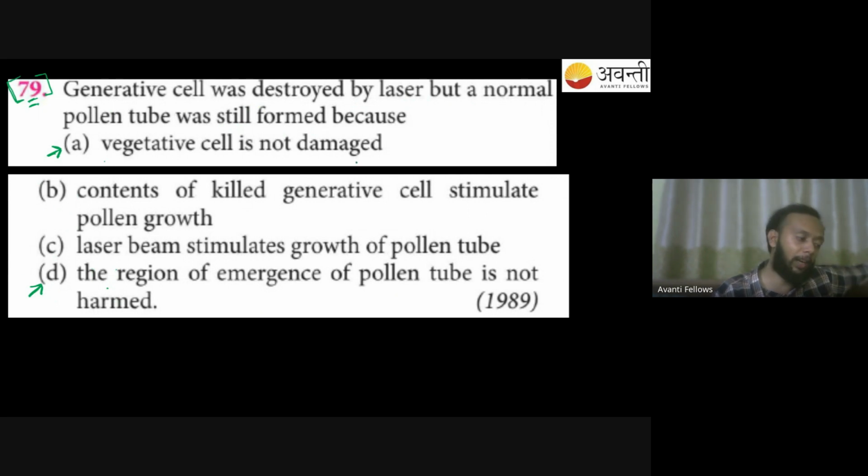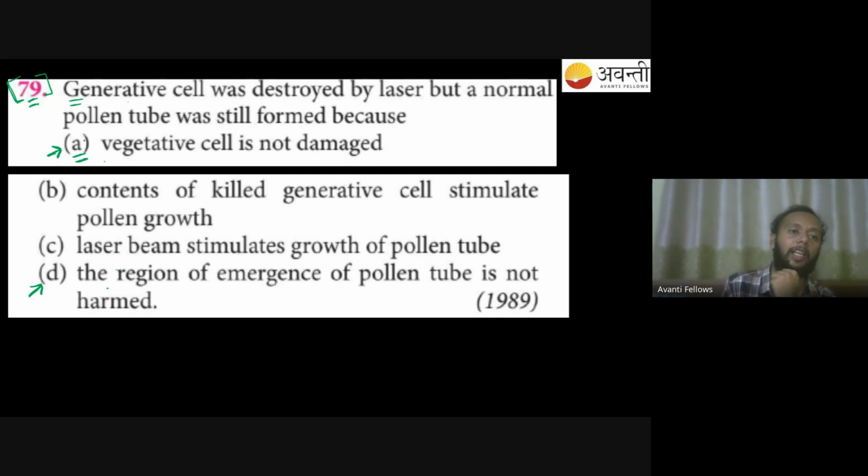In the question, what they have said is that the generative cell has been destroyed by the laser. So even if the generative cell is gone, no problem, the pollen tube will still be formed. Pollen tube formation is happening from the vegetative cell. So you don't need the presence of a generative cell for that, right?